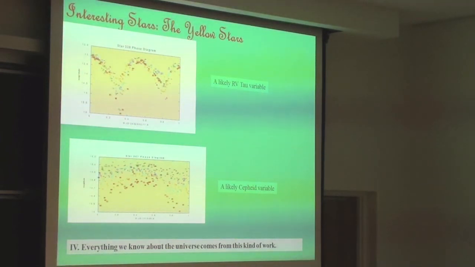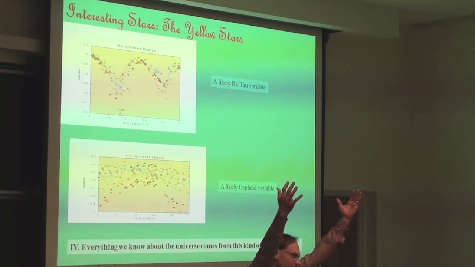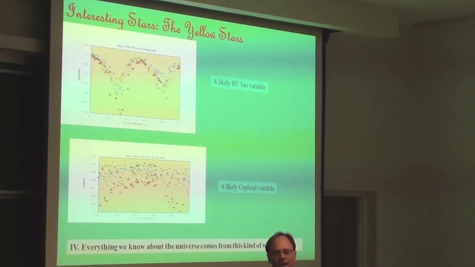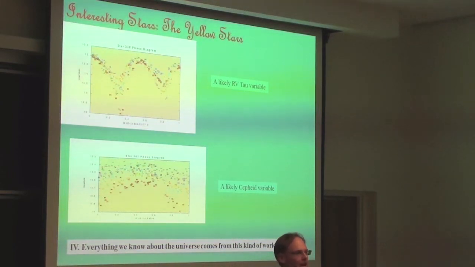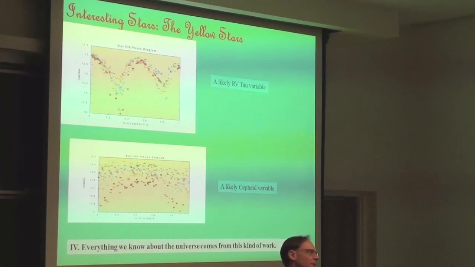So we get to our 4th gray box, and it says, the other thing we're trying to learn from this, and it's related to one of the other things that we said: everything we know about the universe comes from this kind of work. If you look in the textbook, you say, well, Ohm's law is V equals IR, and it just seems like, well, there's Ohm's law, and the students are happy. Somebody worked hard, Ohm, and maybe other people, worked pretty hard to make that a reality so that it could be in the textbook for us to learn like that.